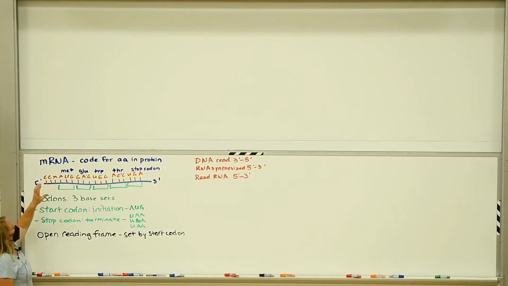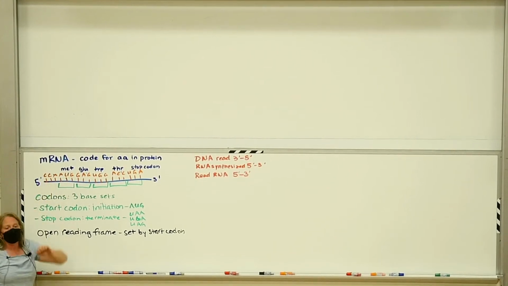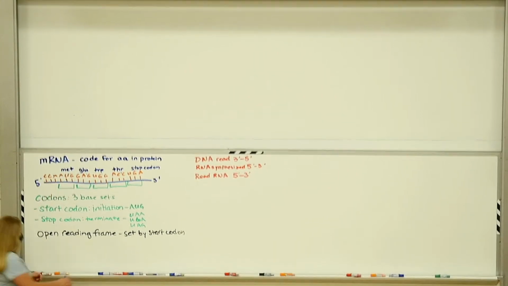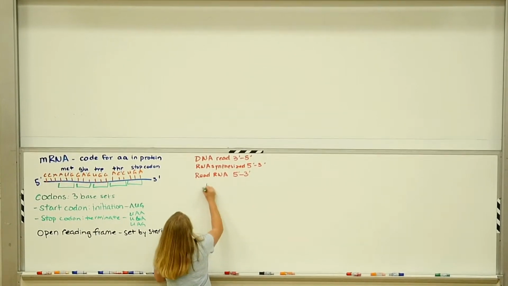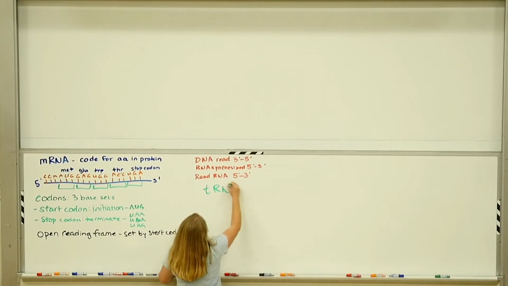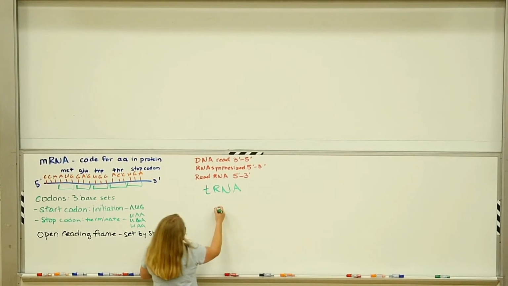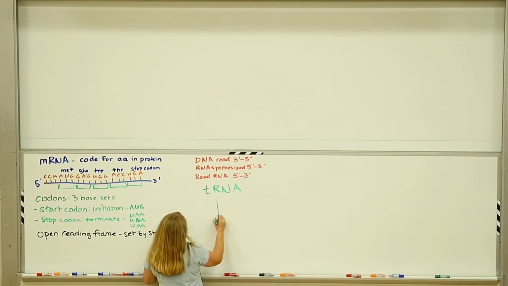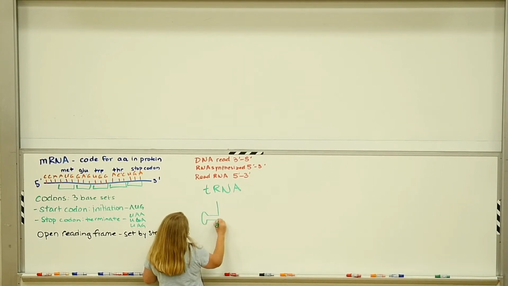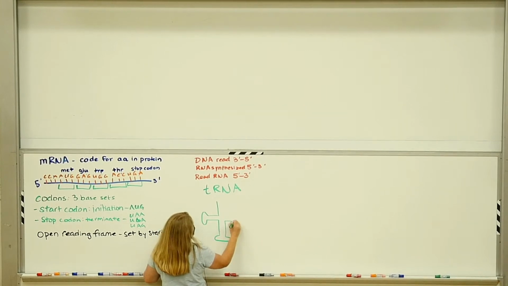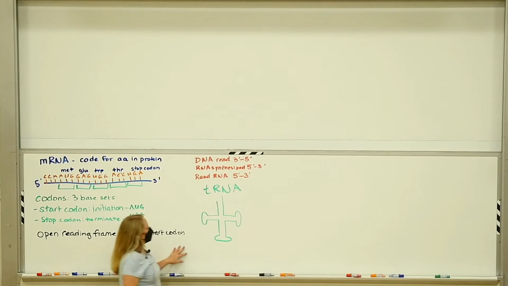So how do we actually get to the amino acid that we're coding for? We start with a tRNA. And a tRNA is going to have this complex 3D structure that includes 3 of these hairpin loops that we talked about, and then a stem.